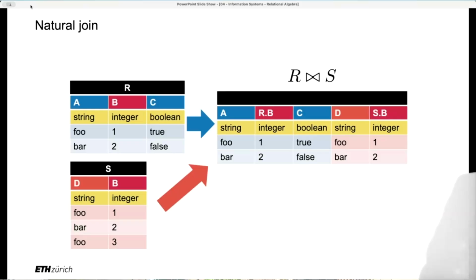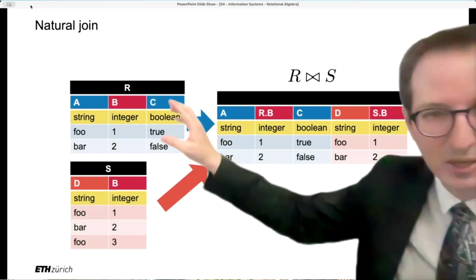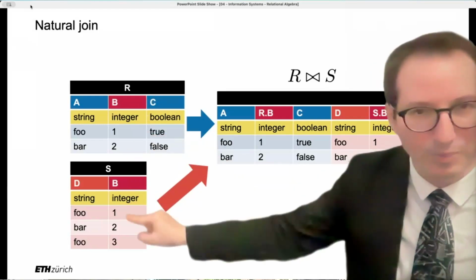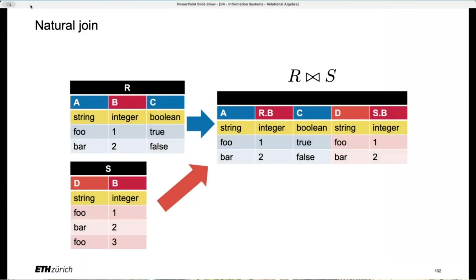Who agrees now? All based on the attributes that the two tables have in common. So A and C appear only in R, D appears only in S, but B appears in both. So this is why we call it a natural join, on the attributes that match.